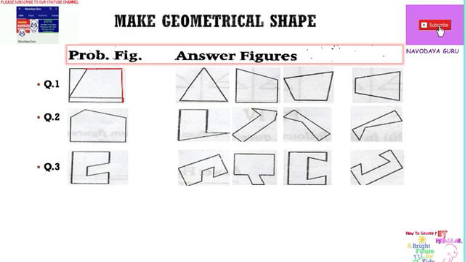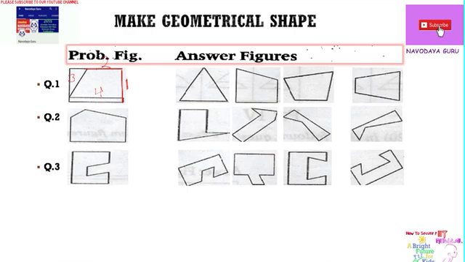So let's check the answer figure. In first figure, we can see that the line is also not matching. So we have drawn the border. Now let's make the incomplete figure full.